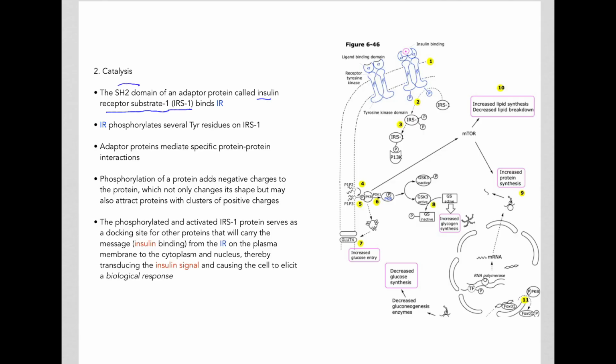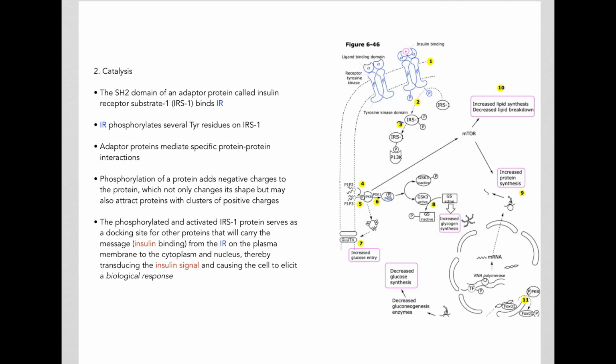The SH2 domain of IRS1 will bind the insulin receptor, and once it's bound, the tyrosine kinase activity of the insulin receptor will now phosphorylate several tyrosine residues on IRS1. IRS1 is called an adapter protein. Adapter proteins are basically proteins that mediate specific protein-protein interactions.